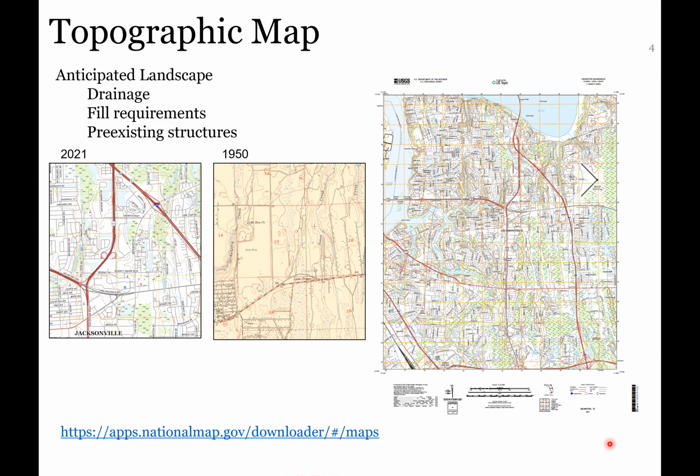You can see Strawberry Creek is shown right here, and now it's all developed with the neighborhood, the Southern Arlington area. But actually this whole thing right here, if you zoom in, is a strip mine, and that's where they ended up putting the Arlington Expressway.